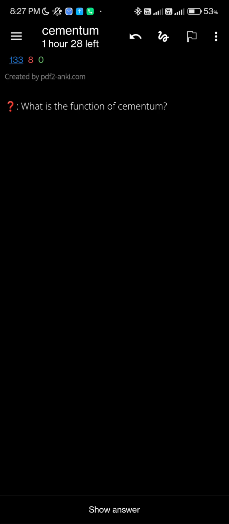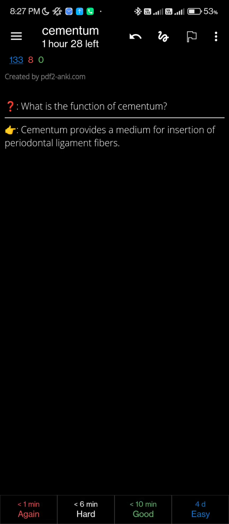The function of cementum is attachment. Cementum provides a medium for insertion of periodontal ligament fibers. What is the function of cementum?